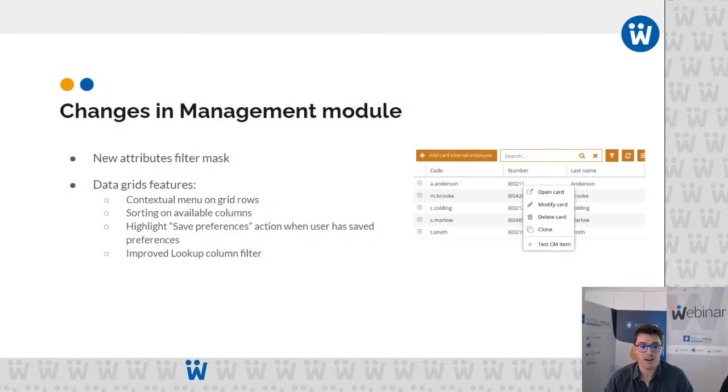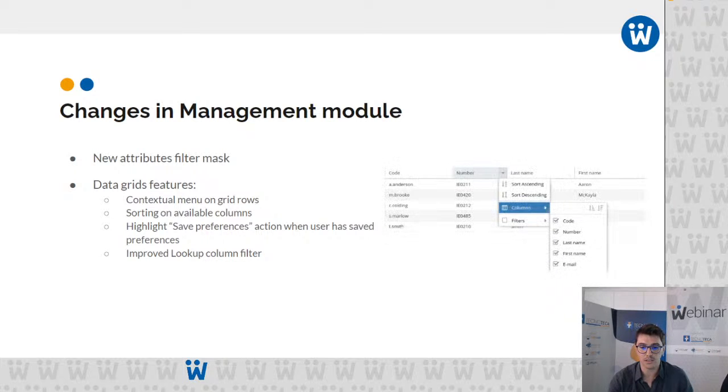And then we have added some other features to the data grid. For example, a contextual menu on the rows by right-clicking the mouse. We have added the sorting of the columns when we go in the header of the grid.